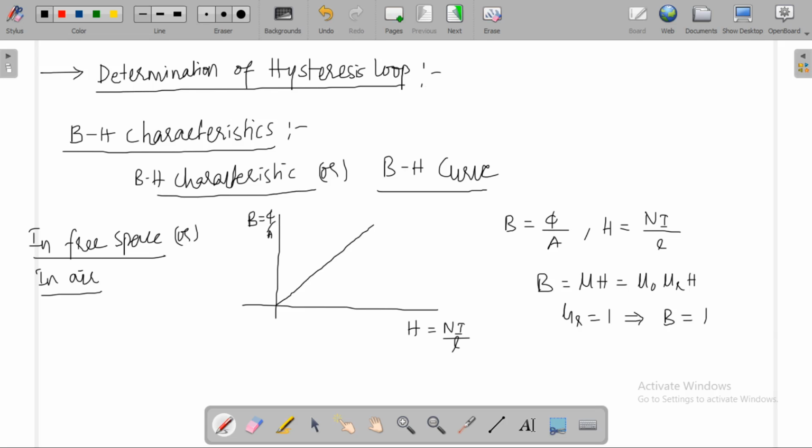Then B is equal to mu naught into H, where mu naught is a proportional constant. Then B is directly proportional to H. That's why in air or in free space, the BH curve will be linear. If you take any magnetic material, the curve will not be linear like this.